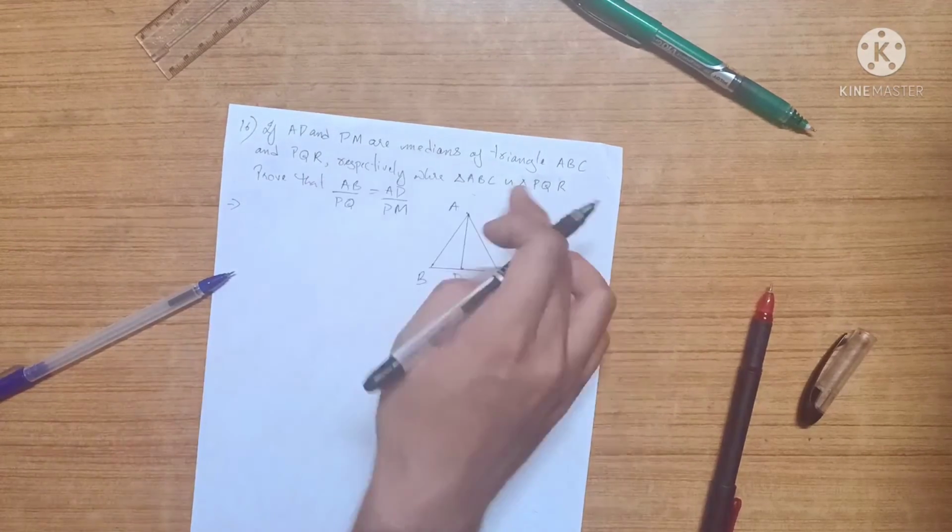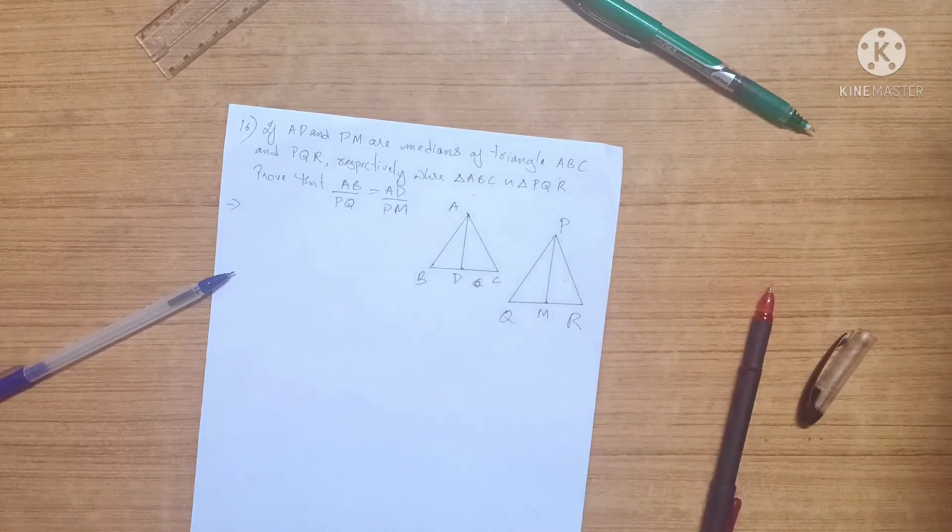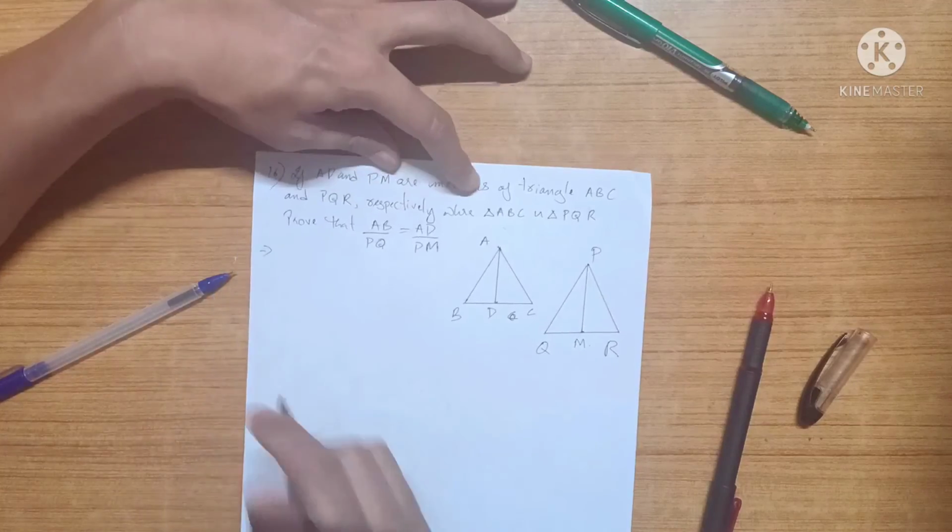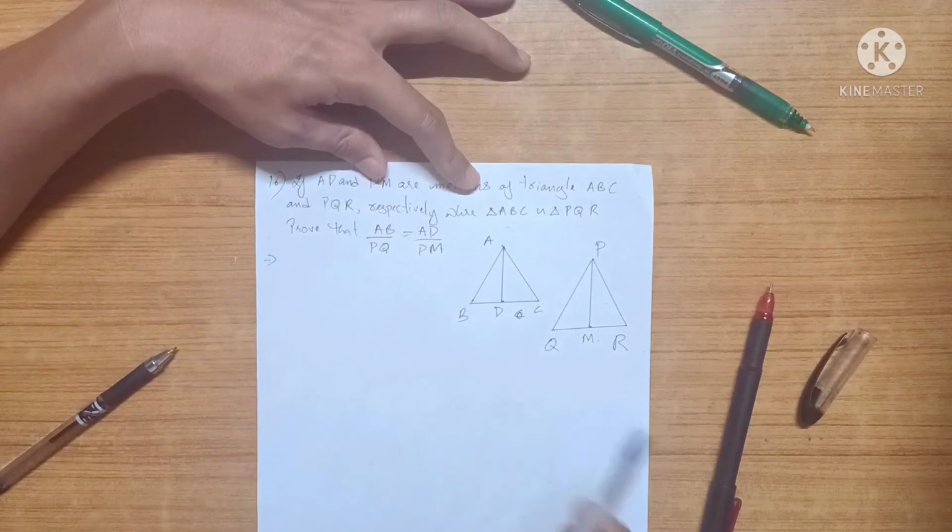So AD and PM are medians of triangle ABC and PQR respectively, where triangle ABC is similar to PQR. So they've already given us that triangle ABC is similar to PQR.